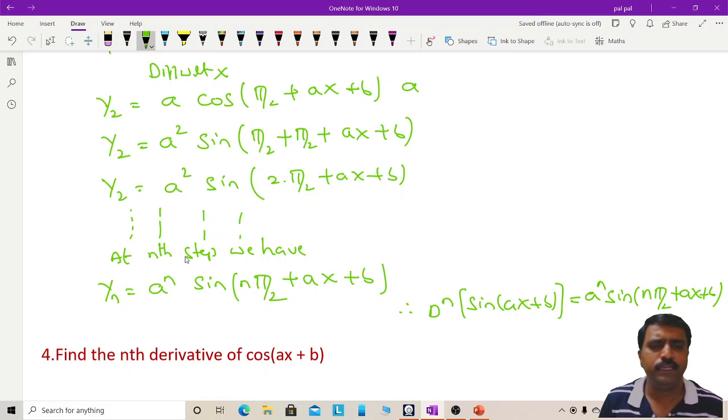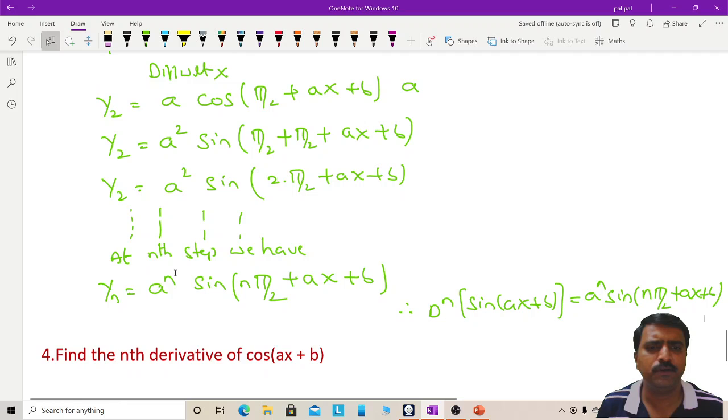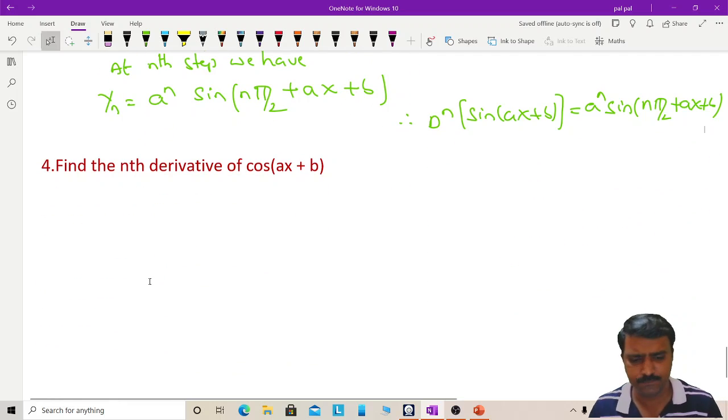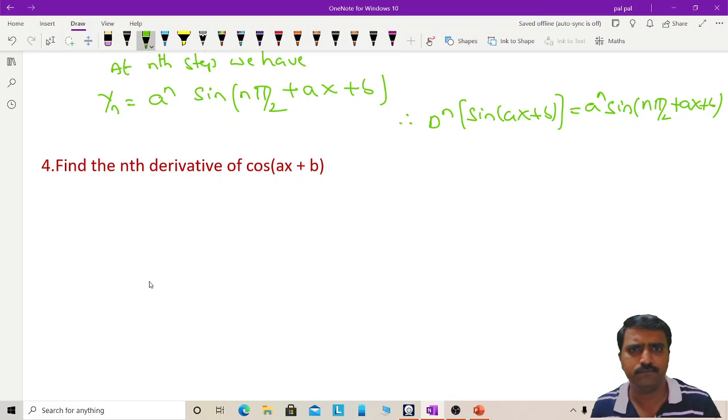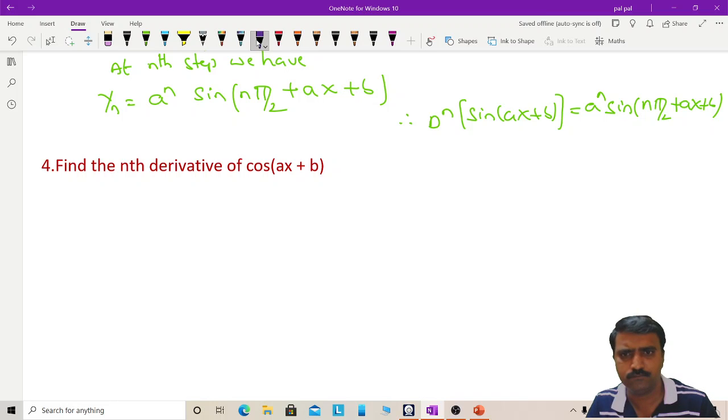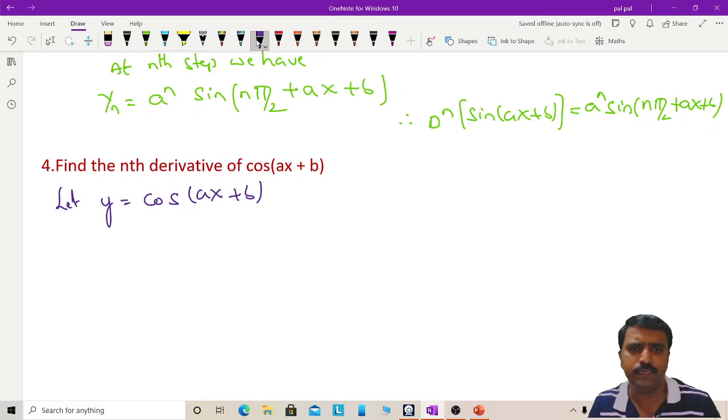Similarly, we can find the nth derivative of cos ax plus b. So let y is equal to cos ax plus b.